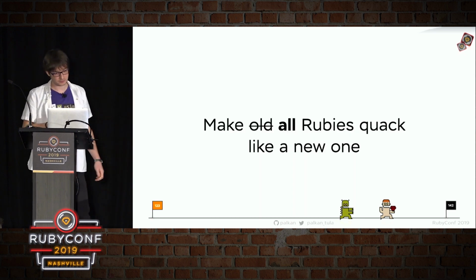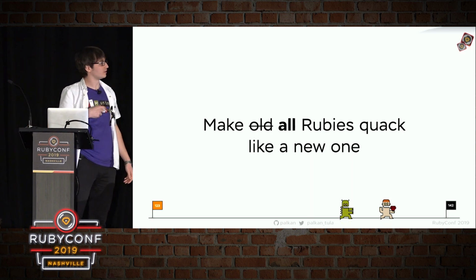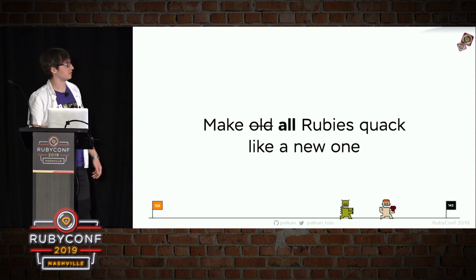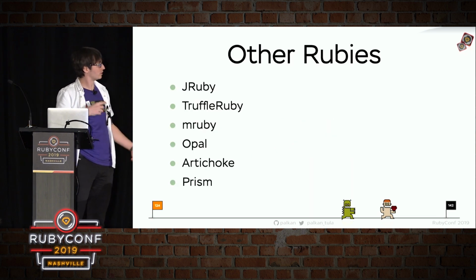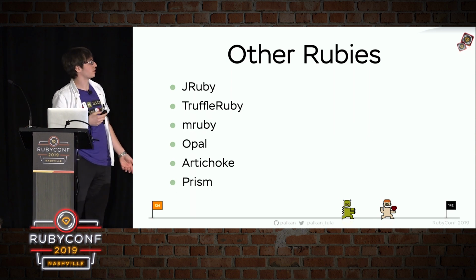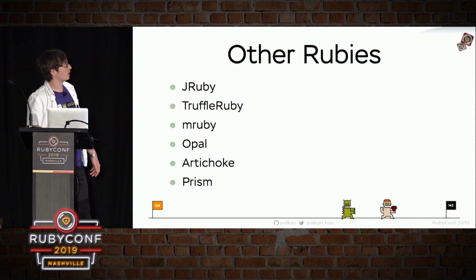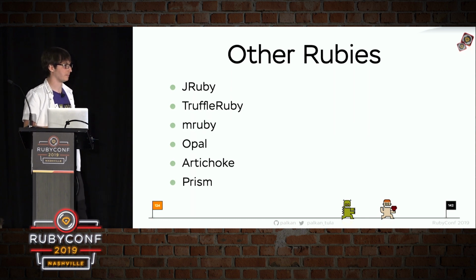First of all, we can change the title of the talk to make all Rubies quack like a new one. And by all Rubies, I mean other implementations, which we have a lot of. This is a place where RubyNext could be useful, because all of these implementations will eventually re-implement the new features, but it will take some time.